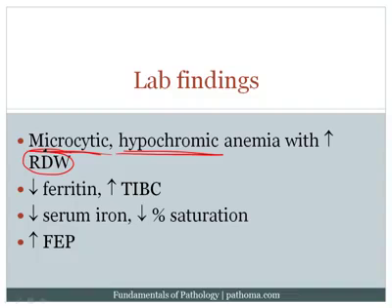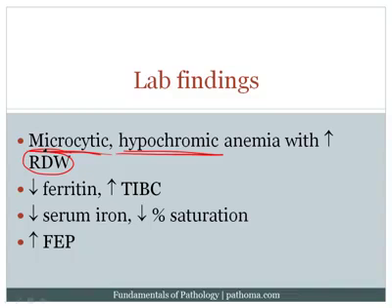And basically what the RDW measures is what is the spectrum of size of the red blood cells. If all of the red blood cells are relatively the same size, then the RDW would be low. And if there's a wide spectrum of red blood cell size, then the RDW would be high. Now, in an iron deficiency anemia, recall that the initial phase of the bone marrow response to iron deficiency is to try to make as many normal cells as possible.